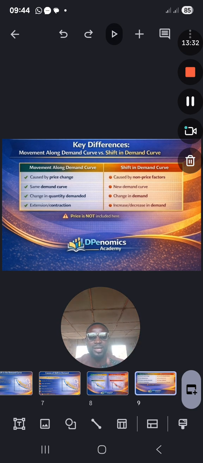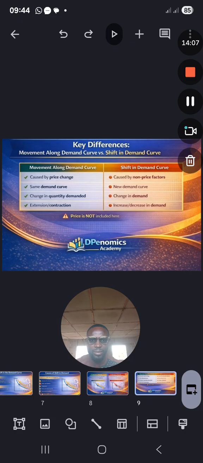But when we talk about a shift in demand, we will always create a new demand curve, because when the original curve is drawn, as demand shifts to the right, a new curve is created to the right, which indicates an increase. And when it shifts to the left, another new curve will be created, which indicates a decrease in demand. So when we're talking about a shift in demand, there's always a new demand curve that is created.